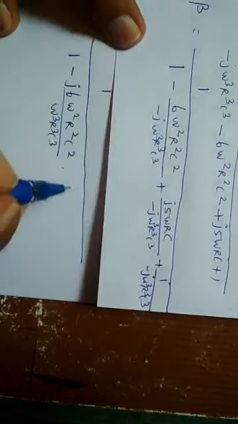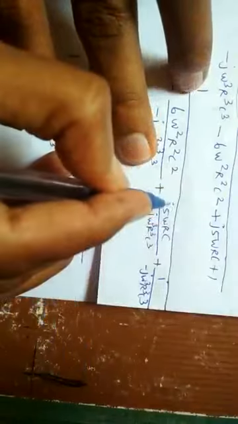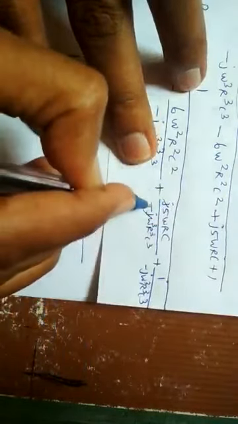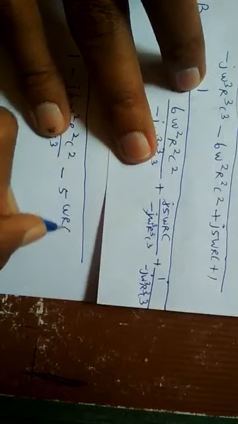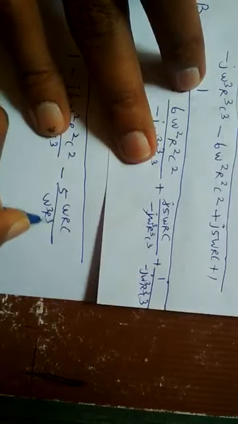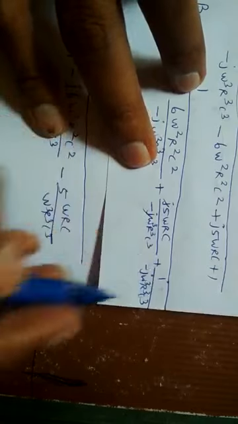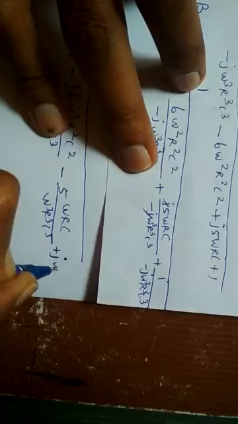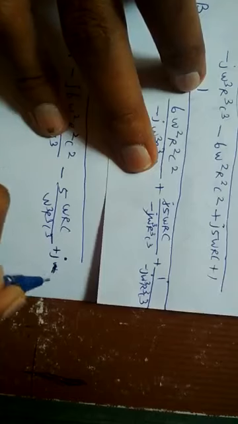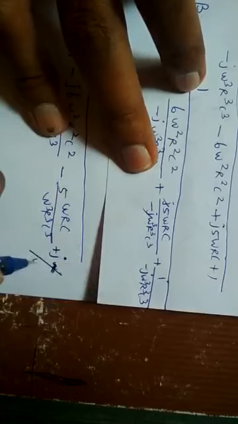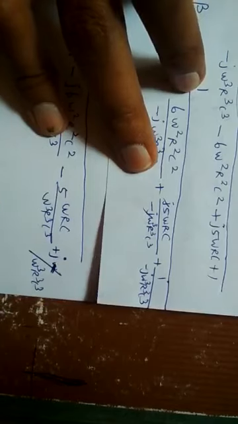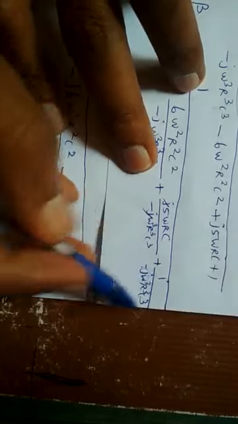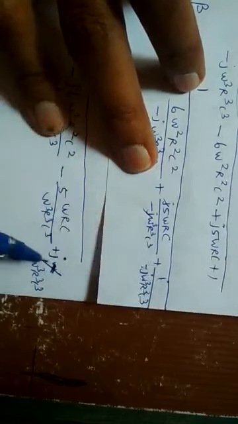For the next term, j and j will be cancelled. You will be having minus 5 omega RC by omega cube R cube C cube. 1 by minus j is j, plus j by omega cube R cube C cube. 1 by minus j is simply j, that's why I have put j here.